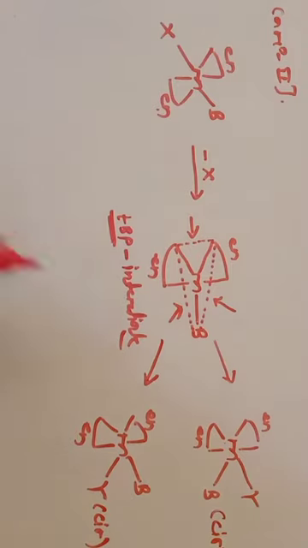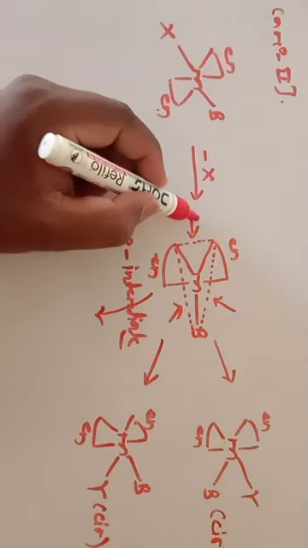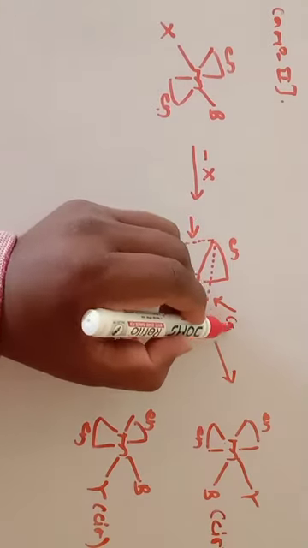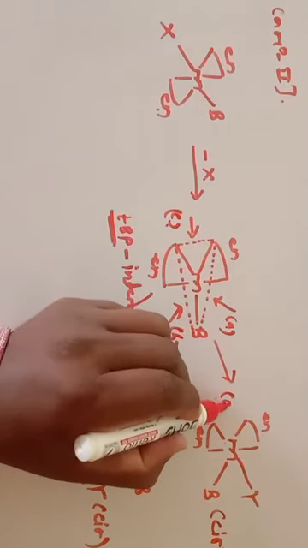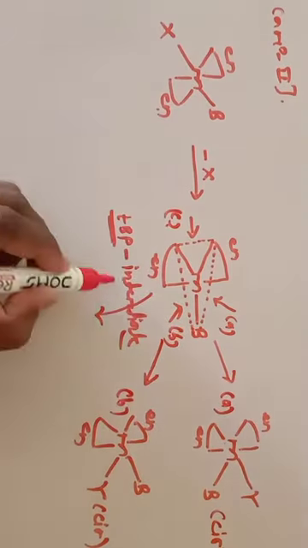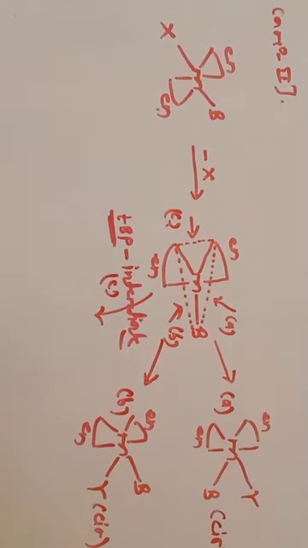And what happens when the incoming nucleophile attacks from these sides? This is your A side, this is your B side, and this is your C side. So this is the product of A side, this is the product of B side, and we are considering the product of C side. What happens when it attacks from this C side? We get this complex, that is M. This Y will attack, there is a B, and the remaining like this.